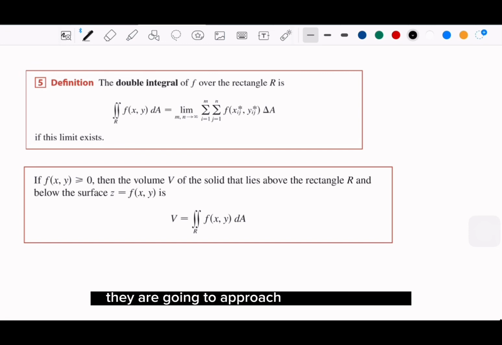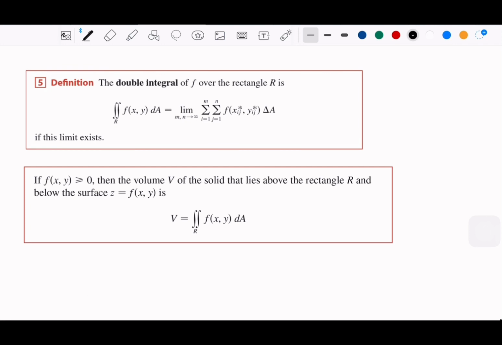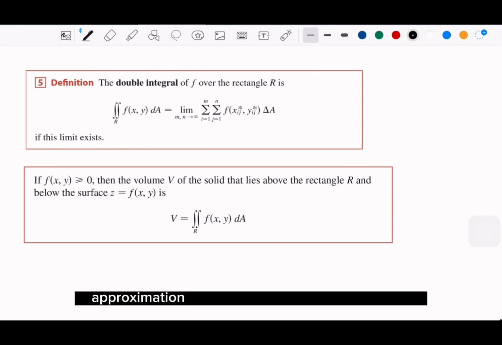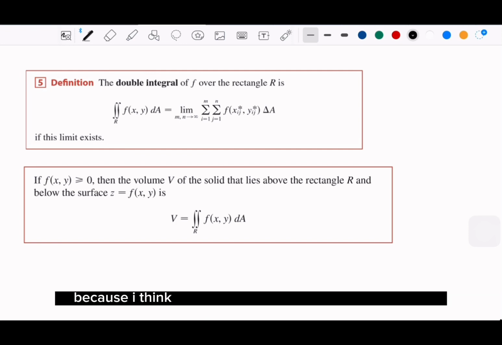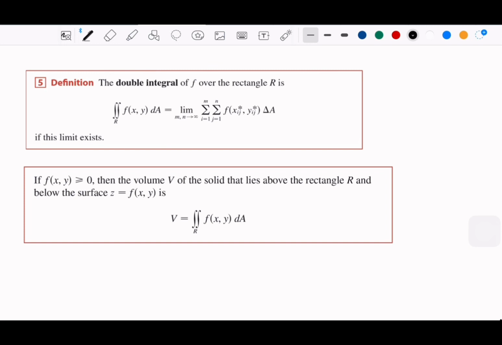They are going to approach the same volume. There are some approximations using Riemann and midpoint rule, but I will skip that because I think it's not necessarily needed for our case now.